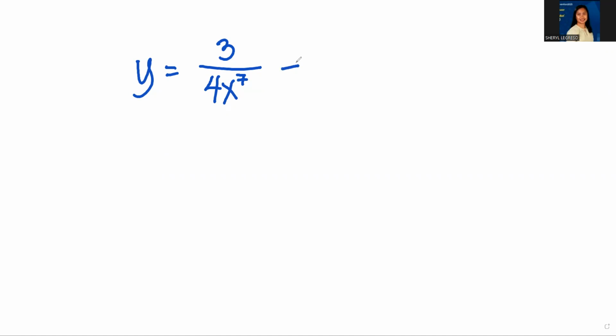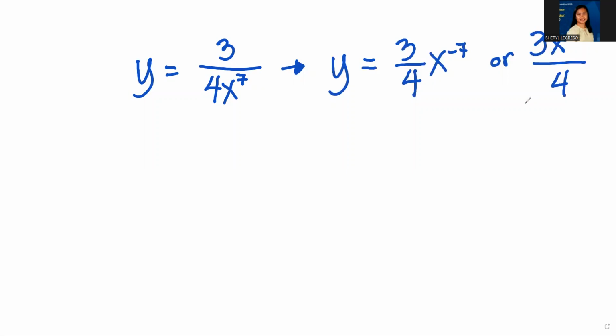So let's express this as one expression. We have y equals 3/4 x raised to negative 7. Or this is understood as 3x raised to negative 7 over 4.